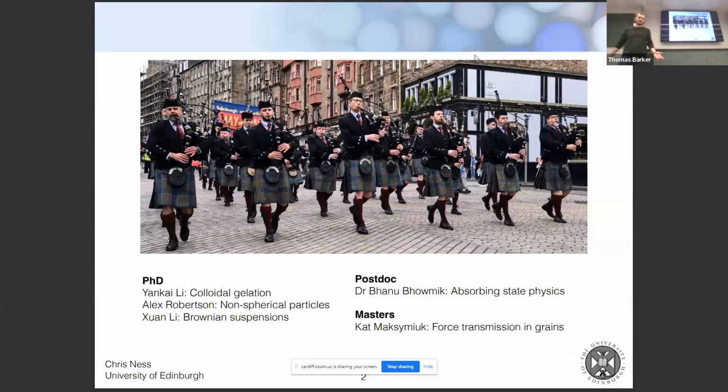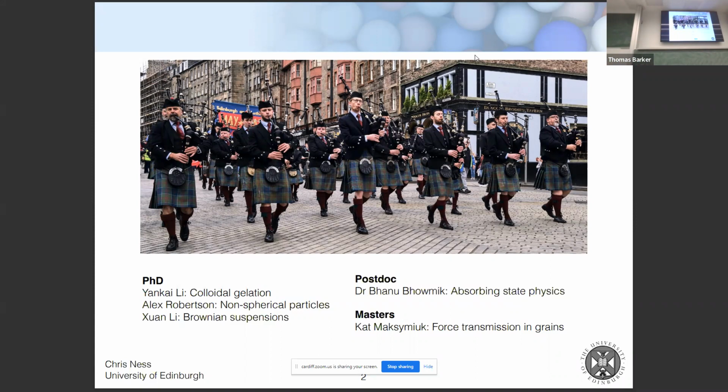Because I'm from Edinburgh, this is what you think my research group looks like. Well, I can tell you it doesn't, although that's me. So some of my research group looks like this. But the others are just normal, non-bagpipe playing PhD students, like I assume you are. If not, you can tell me.